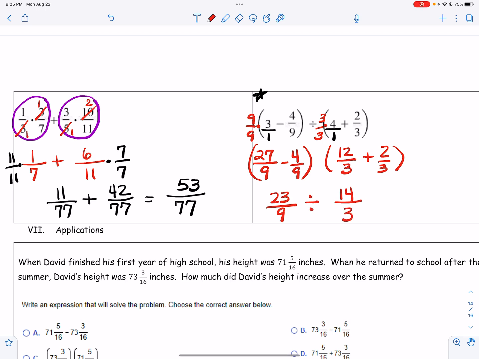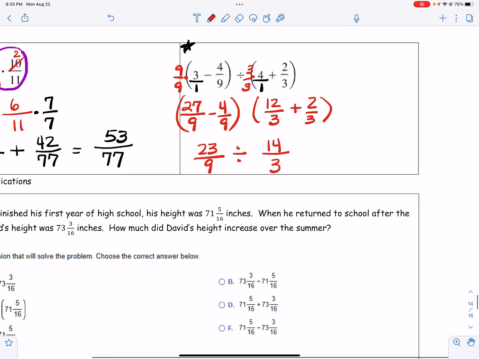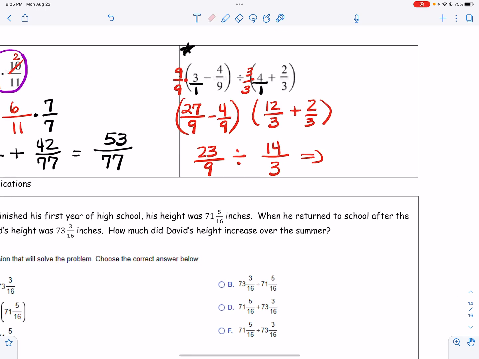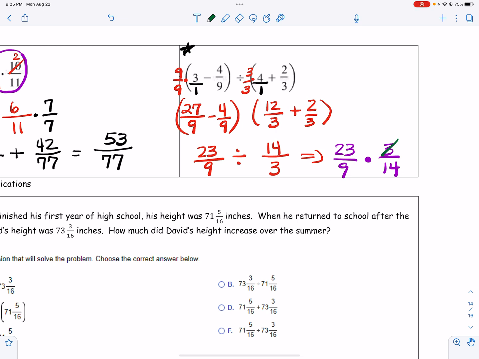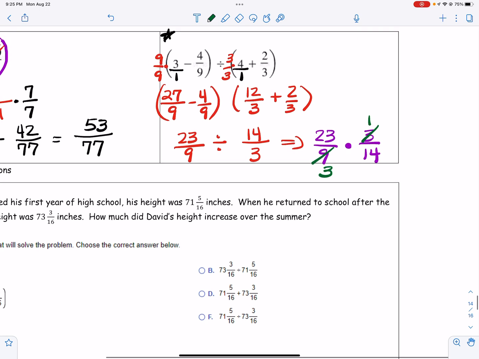That relieves the parentheses, but now you've got a division sign in between them. So we keep the first fraction, change to multiplication, and flip the second fraction over. And so this 3 goes into 3 once, and 3 goes into 9 3 times.